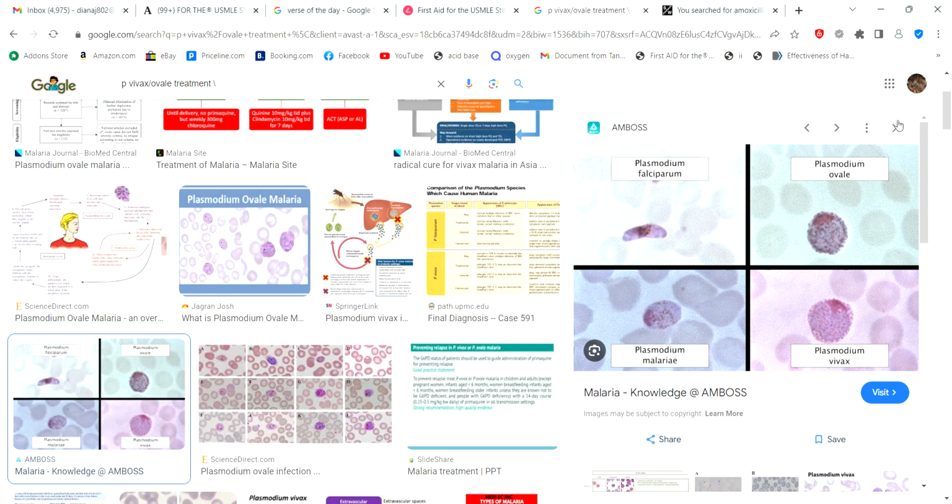What they like to ask about is trophozoites. Trophozoite ring form within the RBCs.